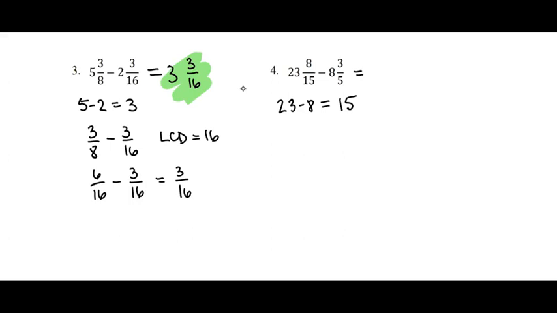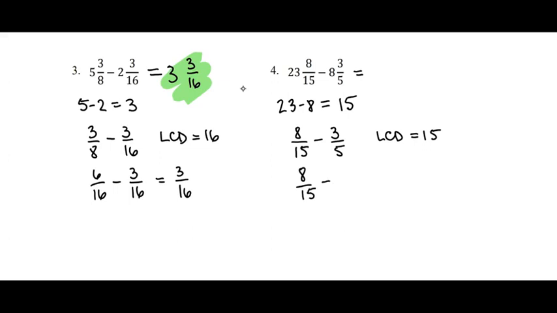So let's go ahead and look at 8/15 minus 3 over 5. So the LCD for both is going to be 15. So the 8 over 15 will not change because the old denominator was 15, the new denominator is 15, so we have 8 over 15.